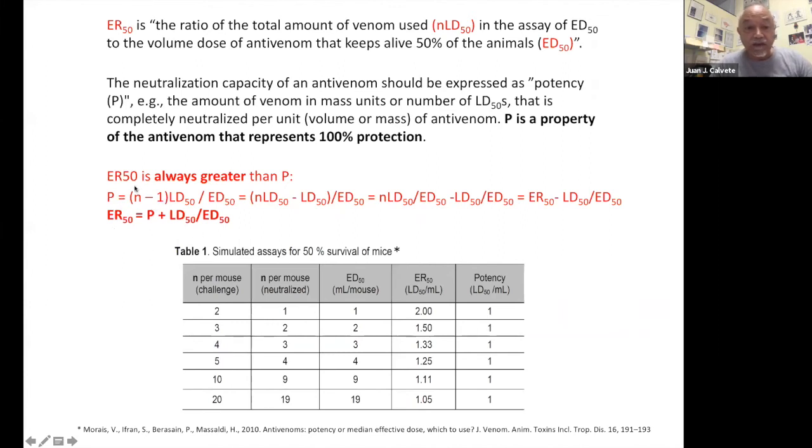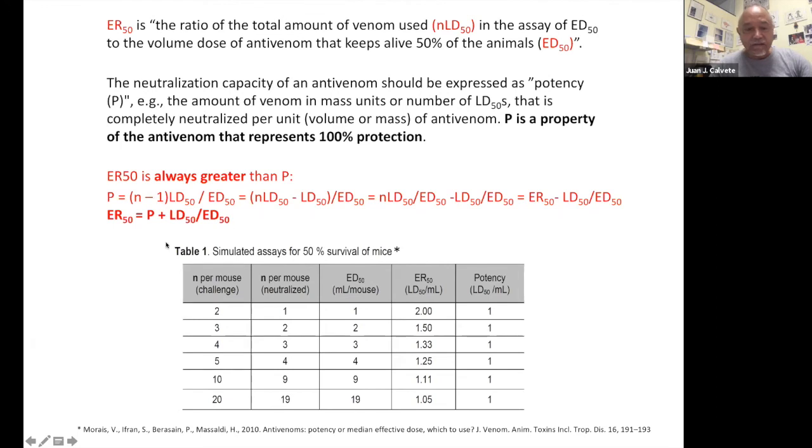So here, potency takes into account the neutralization of all the LD50s that have been deployed in the venom, not only half, but all the LD50s minus one that is not neutralized at the end of the assay.